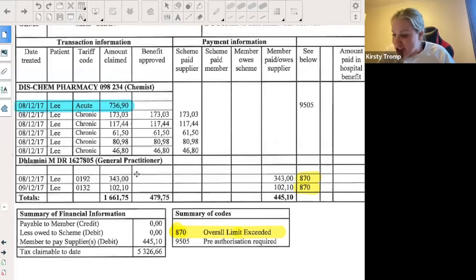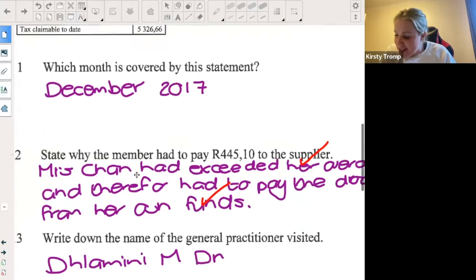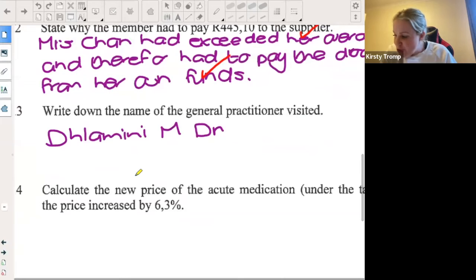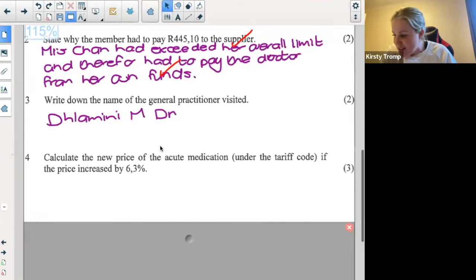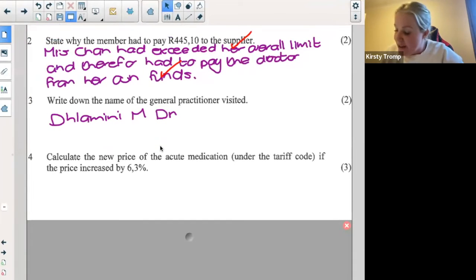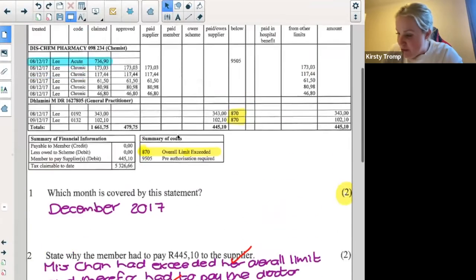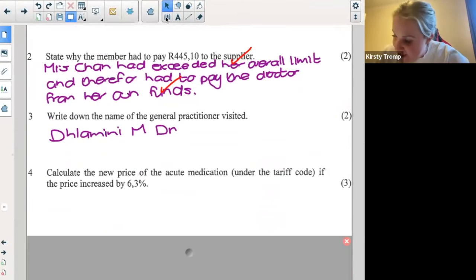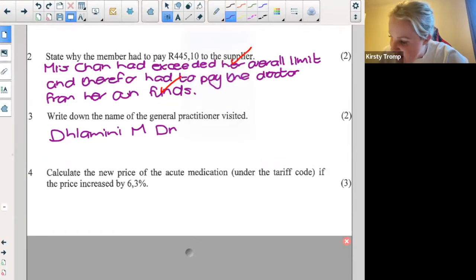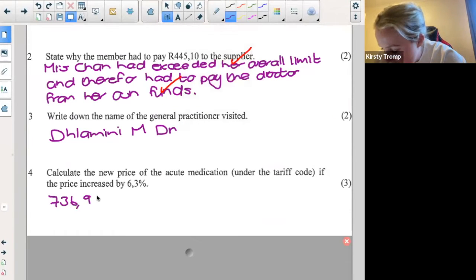So this medication was 730 Rand 90. I'm going to do it two different ways for you guys here. I'm sure that you were more than capable of doing it. I'm seeing quite a few answers in the chat, so well done. Oh, guys, my memory is so shocking. 736 Rand 90. Let me write that down. 736 Rand 90.